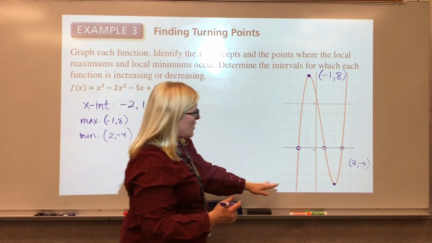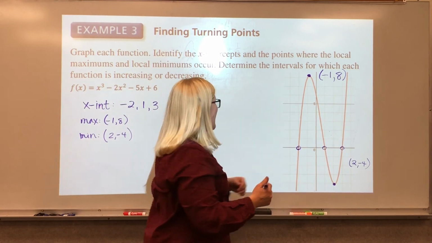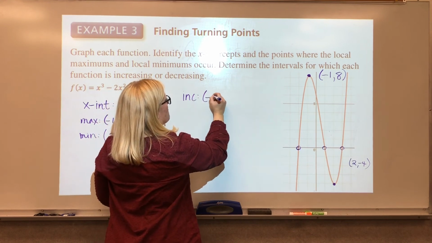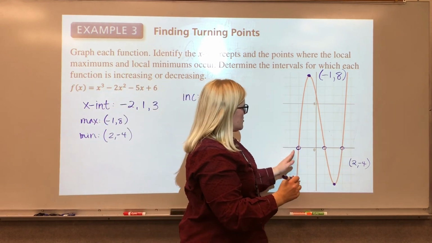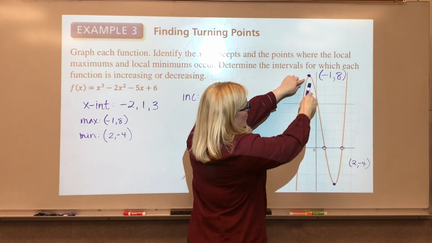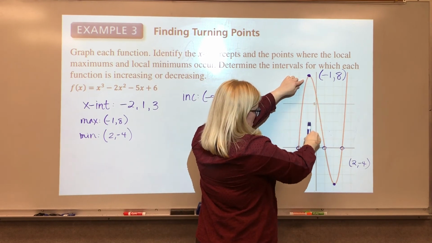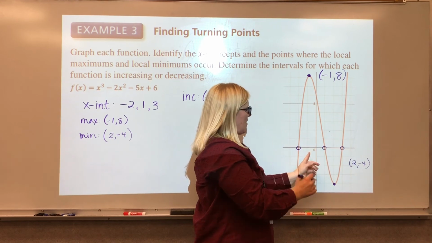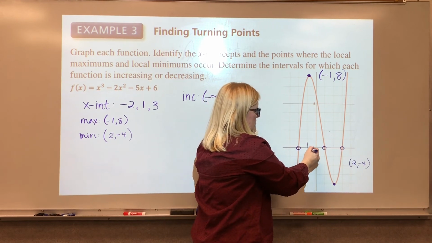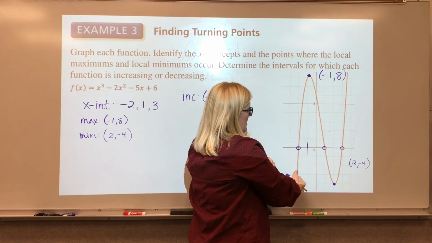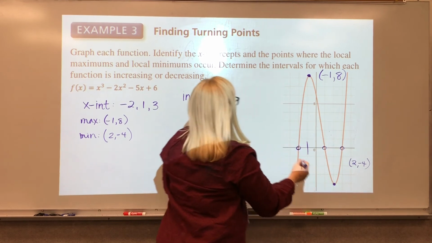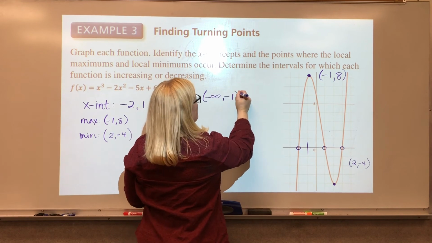So we know that we're increasing from negative infinity to this point right here, but we look to see where we're at on the x-axis. So we come to about right here. It's increasing until we hit this point, which is negative 1.